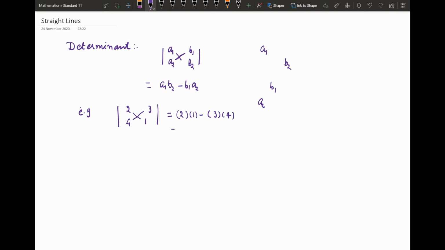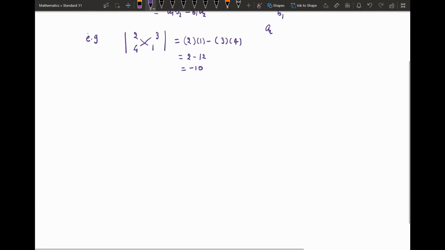So on simplification, 2 minus 12, that is minus 10, is the value of this given 2 by 2 determinant.